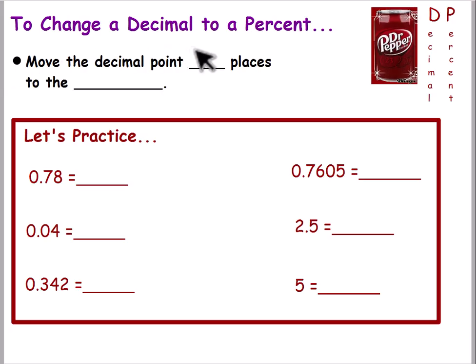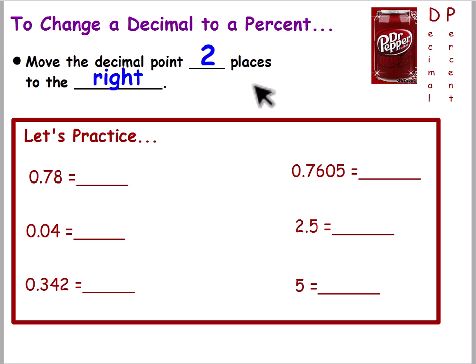Okay, to change a decimal to a percent, we need to move the decimal point 2 places to the right. Okay, why do we do that? Because percent is out of 100, so we need to increase it by 2 place values for hundreds, right? And to increase, we multiply.